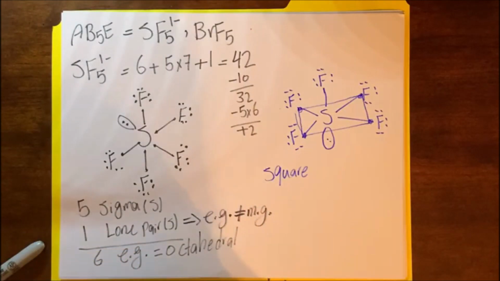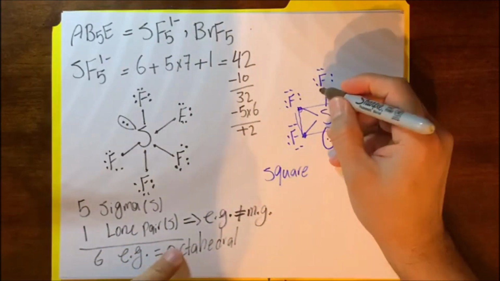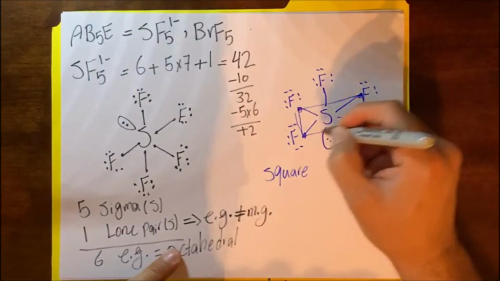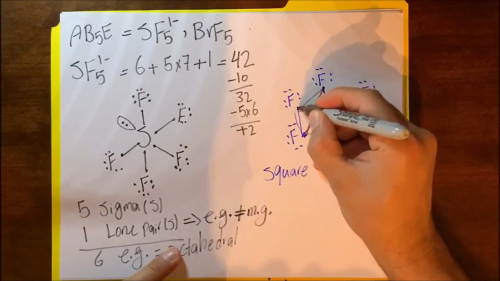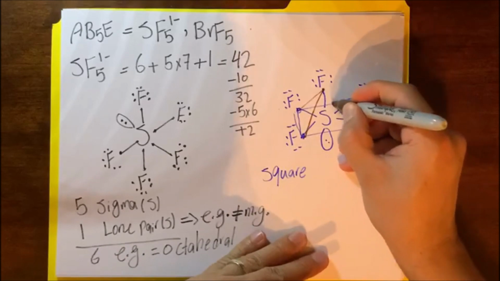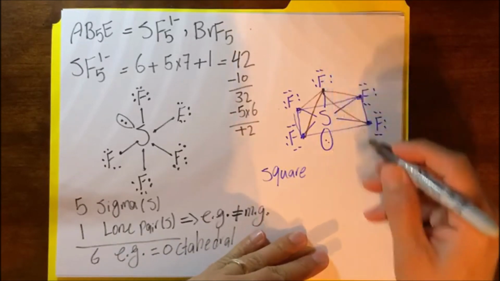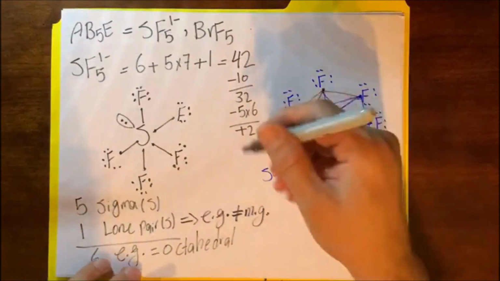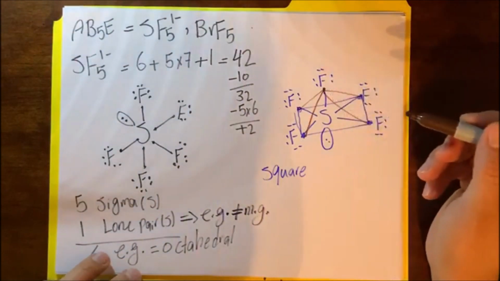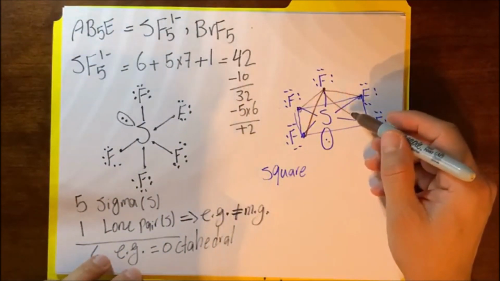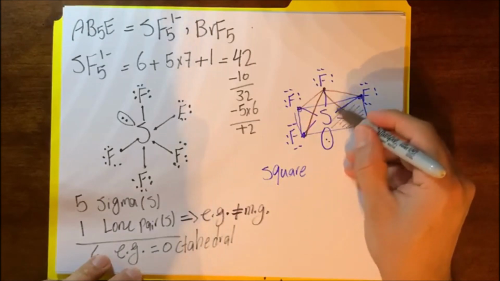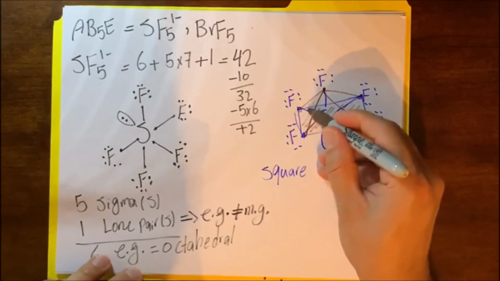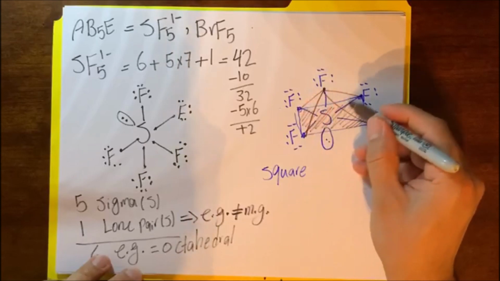Now if you connect any of the atoms of the plane with the axial atom, when you connect all of them to the axial atom, you will get a pyramid. And the base of this pyramid is a square.